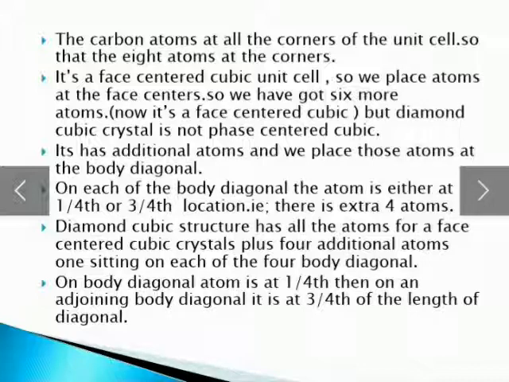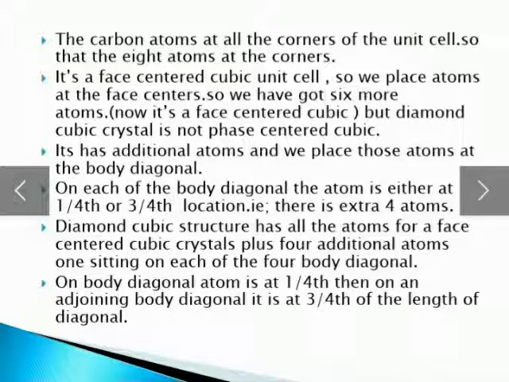Now it is face-centered cubic, but the diamond cubic crystal is not just face-centered cubic. It has additional atoms and we place those atoms on the body diagonals. On each of the body diagonals, the atom is either at the 1/4th or 3/4th location, that is, there are 4 extra atoms.